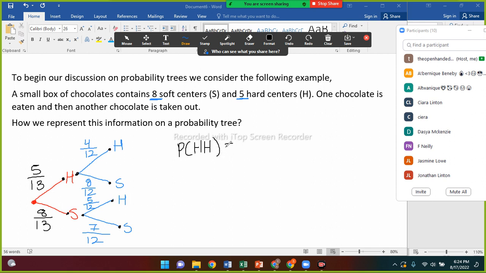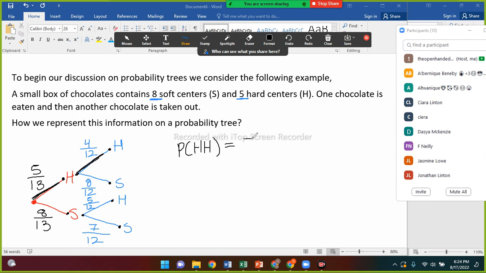Remember, that's going to be the multiplication rule. So I'm going to have to follow this line. I want a hard-centered chocolate for the first one, and I want a hard-centered chocolate for the second one.